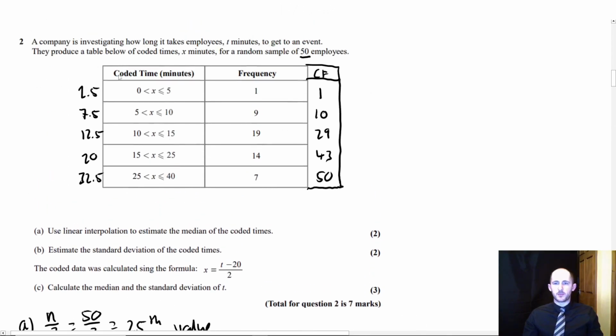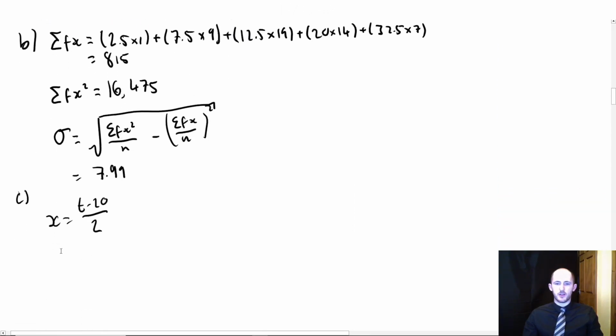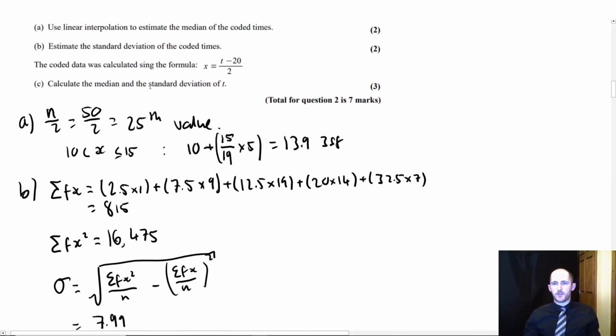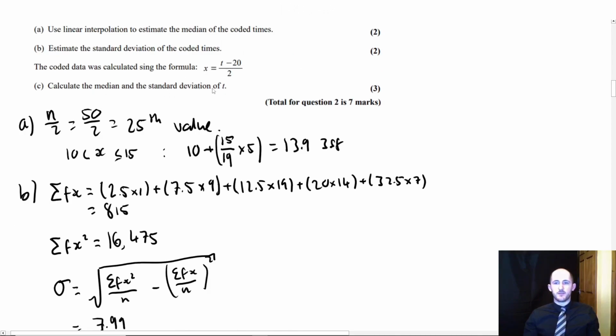So all of the information we just worked out was actually for the wrong thing, so to speak. If I rearrange this, I get 2x, and I can get back to the real data by doing this, which is exactly what I want to do. I want to find out what the standard deviation and median of t is.